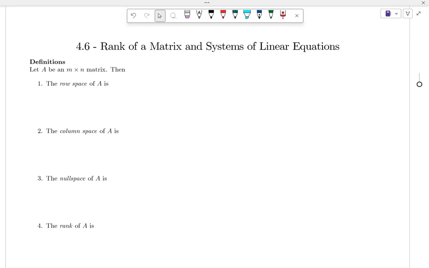We're going to continue those discussions for a few special types of spaces that we can create from a matrix. So rather than taking our vectors and creating a matrix, let's say we already have a matrix given to us. So we've got an M by N matrix. So we've got M rows and N columns. We're going to think about the columns and the rows being vectors, okay?